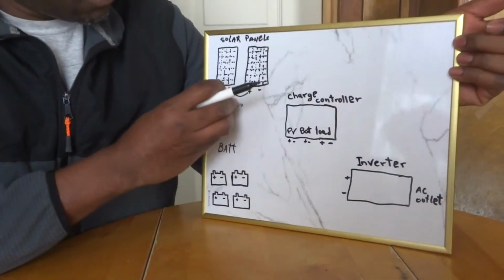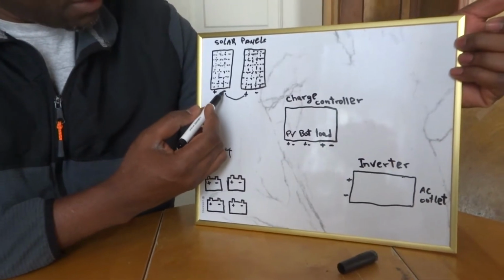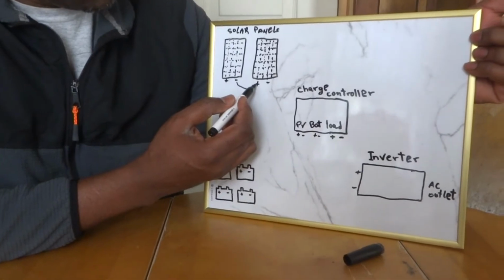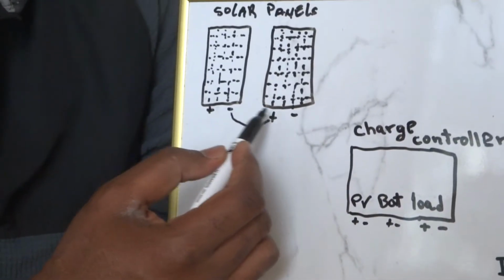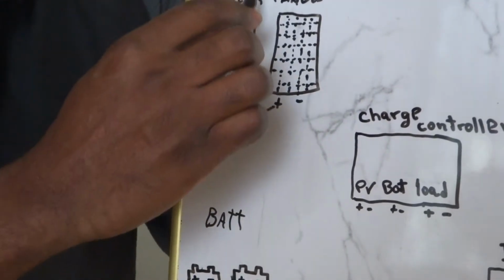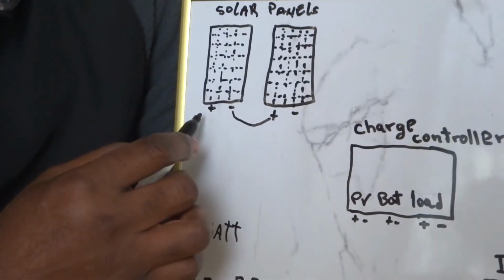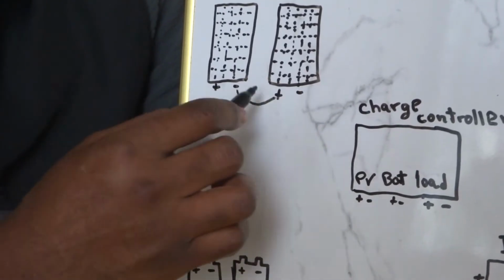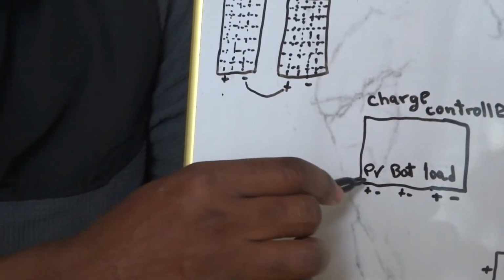In a series connection, you put the minus from this panel to the positive of the other, you add them together, and then they're going to be one big solar panel with the added voltage. Let's say this one was 24 volts and 24 volts, so now we're going to have a 48 volt solar panel, and then we're going to use this positive to send to the charge controller.